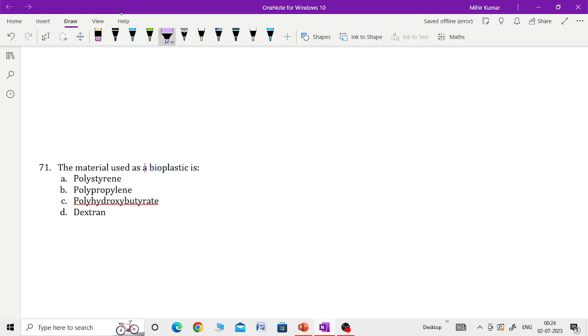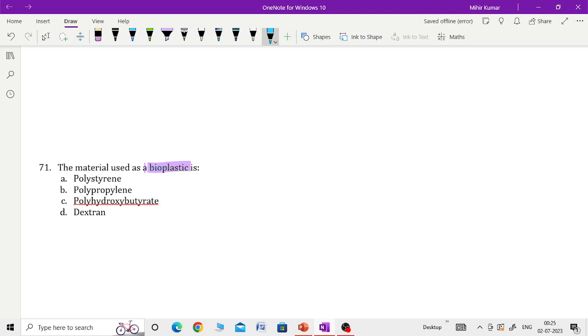A bioplastic means a material which is used as a plastic but is biological in nature, produced by an organism, and a degradable compound.